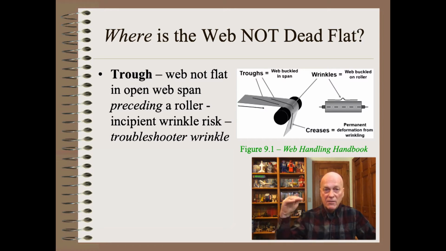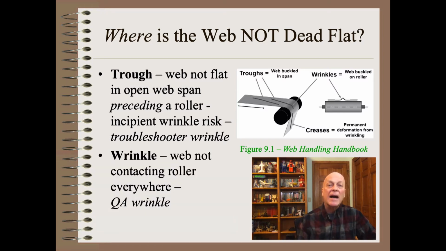At the more severe end, the web may not contact the roll everywhere. This we might call a QA wrinkle, because it is often the level that they would reject on. Yes, some blown films can tolerate this every day on every roller. However, most film grades will be rejected at this level, even if the web survives the transit.